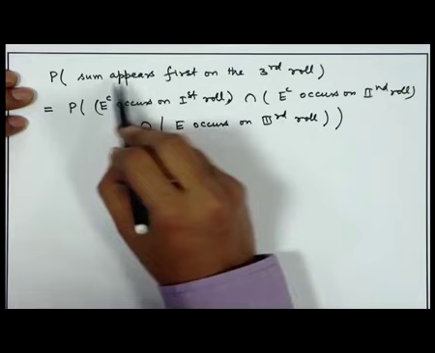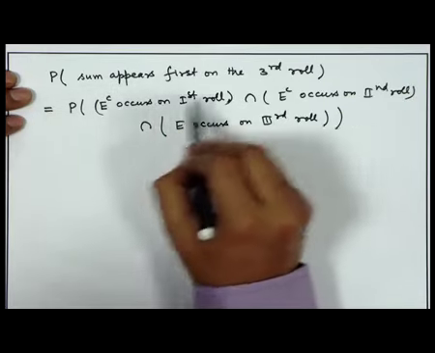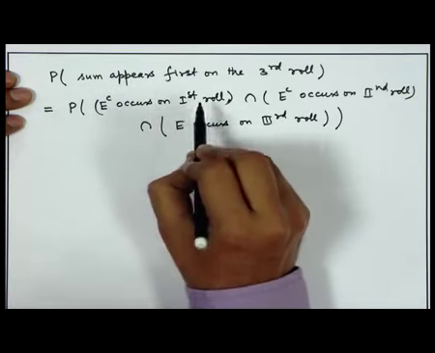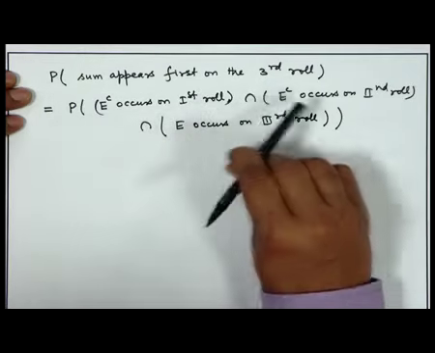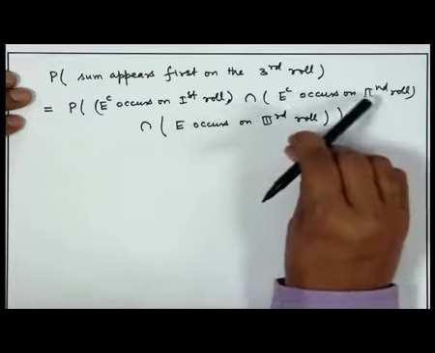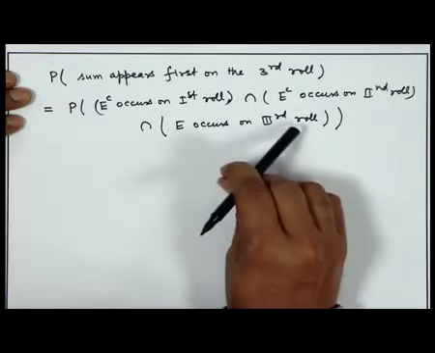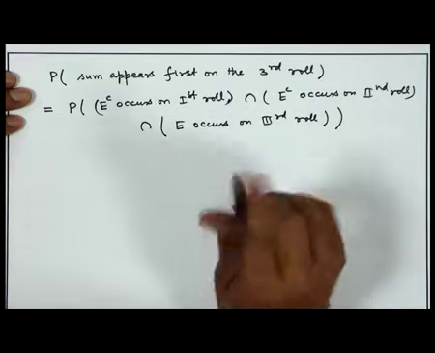So, I have written the event that the sum appears first on the third roll as an intersection of 3 events. E complement means that 7 does not occur on the first roll, 7 does not occur on the second roll, and it occurs on the third roll. It is the intersection of the 3 events.